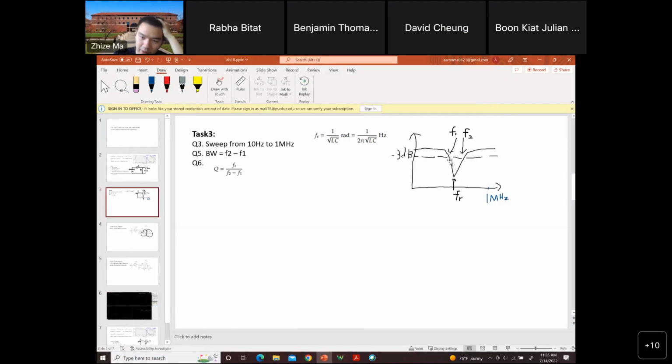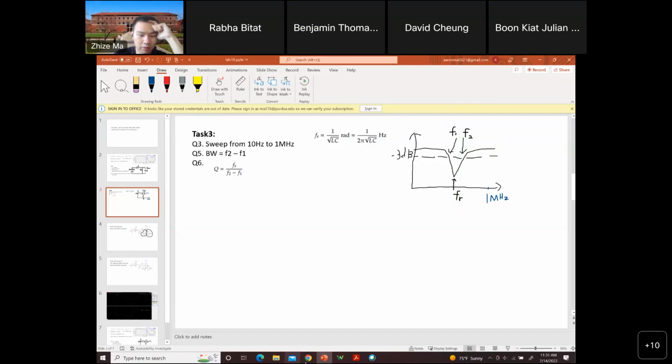The frequency around this range is going to be rejected by this filter, and the lower and higher frequencies will pass through. If you didn't sweep until 1 megahertz, the plot will cut off somewhere here, so you are not able to see the right part of the response plot.